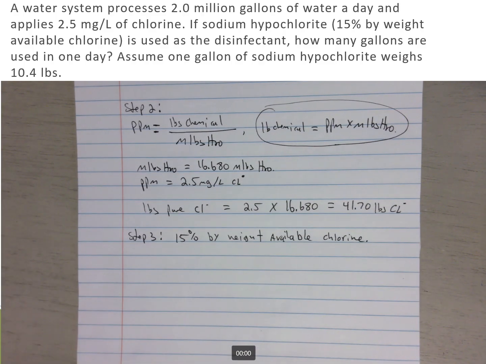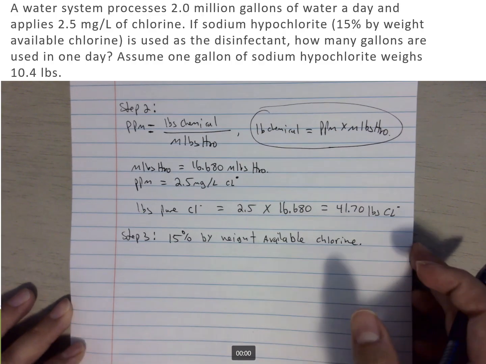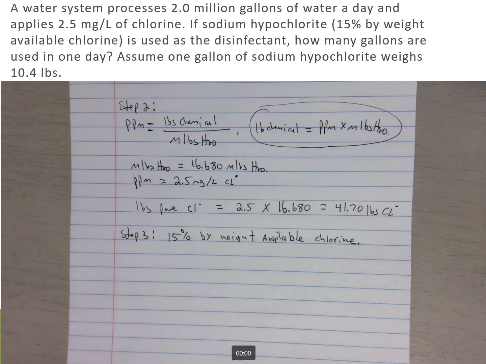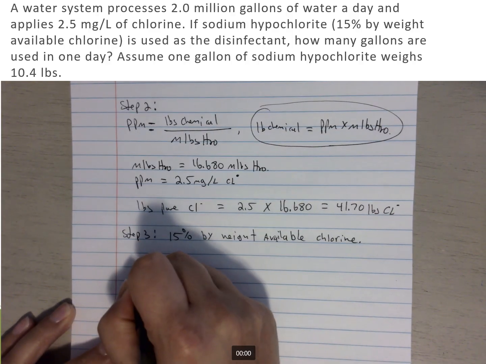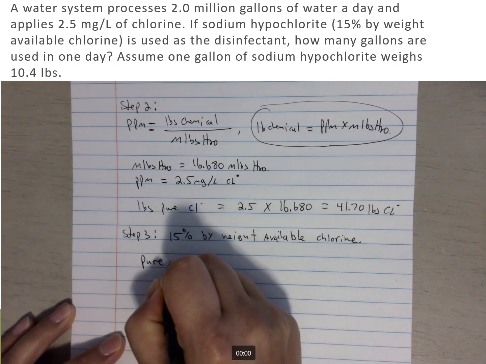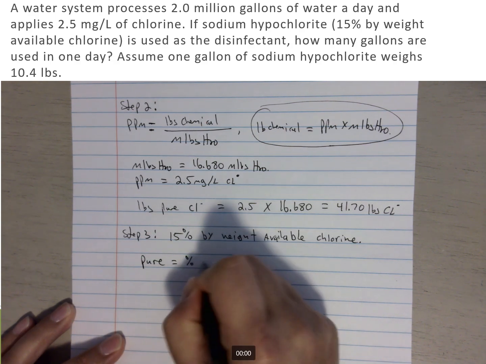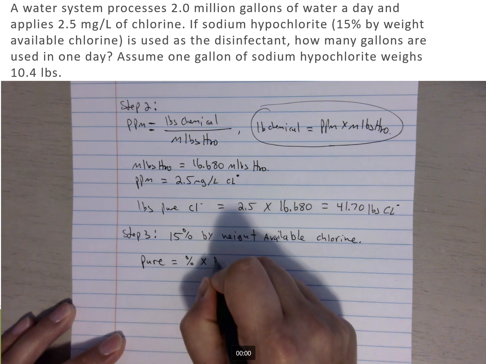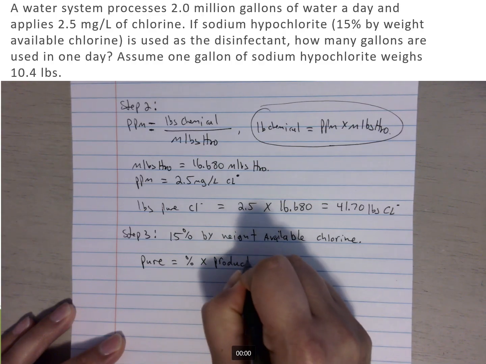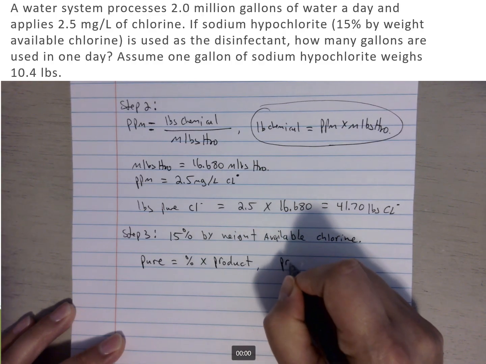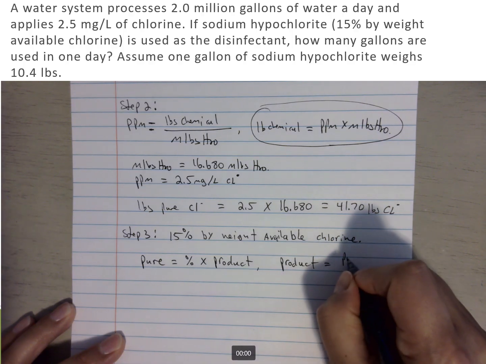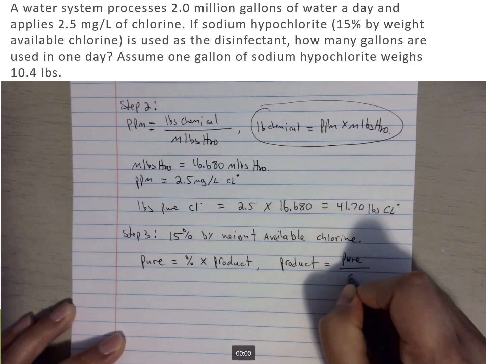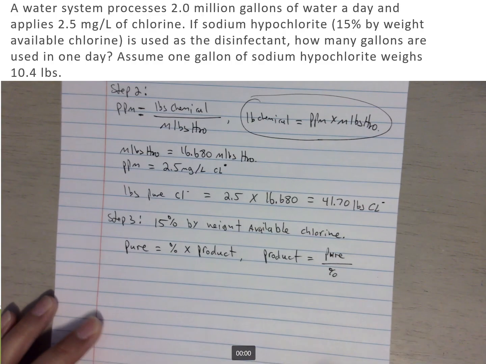So this is the part where we use some basic percentage calculation logic, right? And this is where I like to write my equations. Pure is equal to percent multiplied by the product. Product is equal to your pure divided by your percent, right?